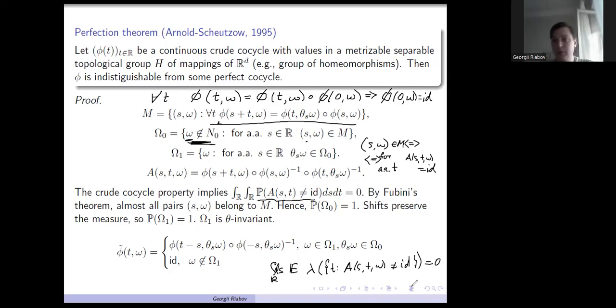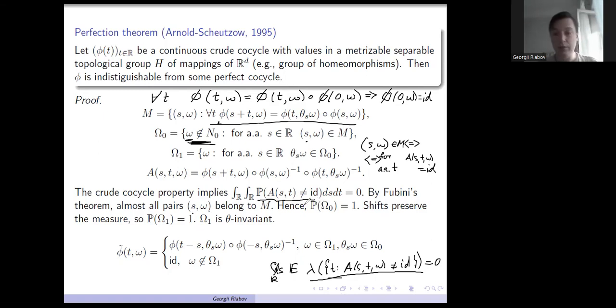As a consequence, for almost all pairs s and ω, the measure of this set is equal to 0, which means that almost all pairs s, ω belong to M. Once again, we can apply Fubini theorem and deduce that Ω0 is of probability 1.